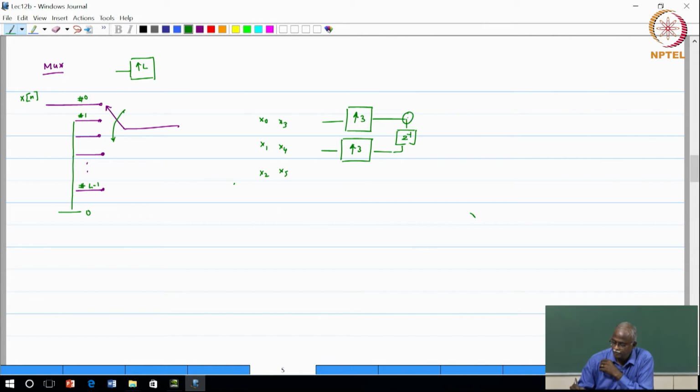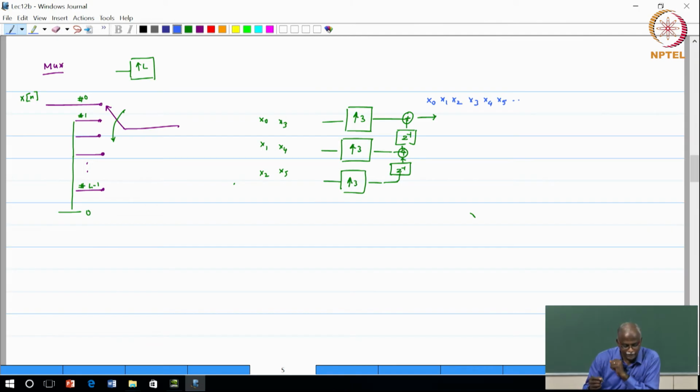Then this is an addition, and the third data point also is upsampled by a factor of 3, with another delay element and an addition, and what you get here is x0, x1, x2, x3, x4, x5 and so on. So, basically this is the unblocking. It creates from the blocks the stream of data that we are interested in.